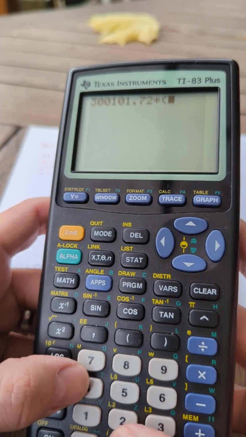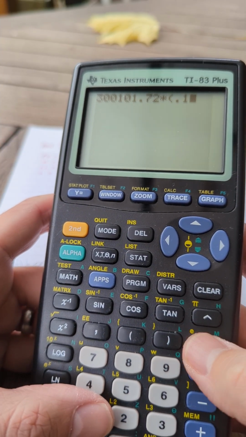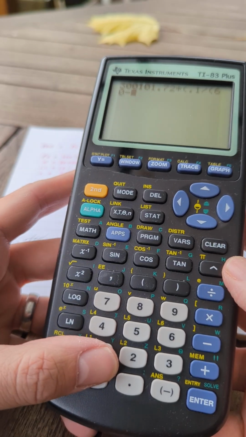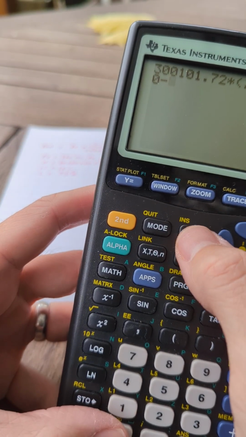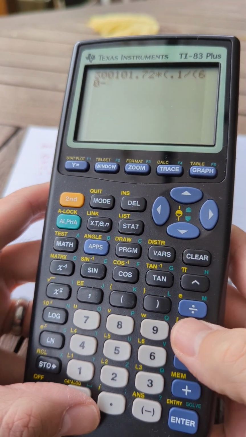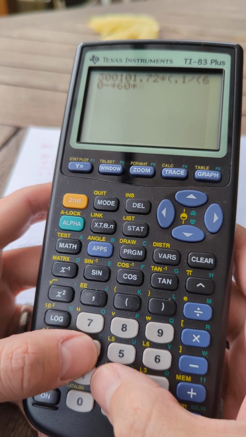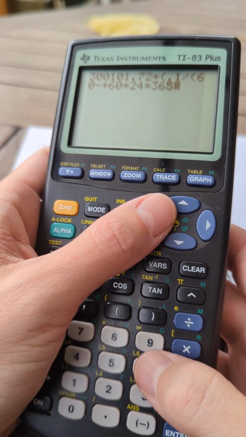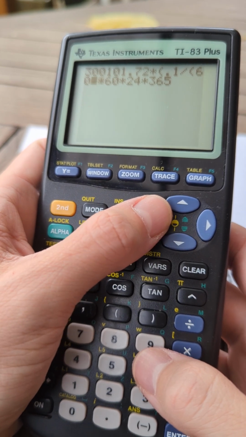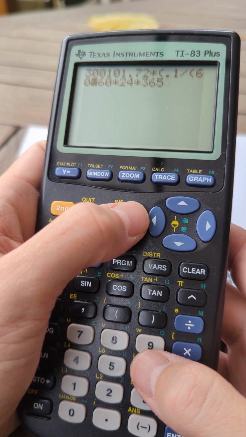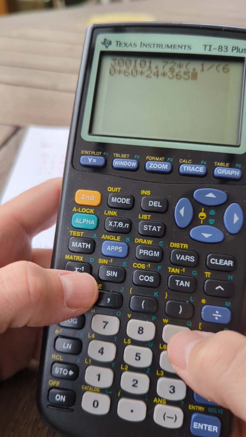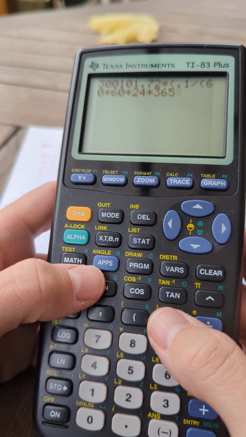So it still looks horrible though. Oops, I did not mean to do that. Where's backspace? Times 60 times 24 times 365. Oh no, what have I done? There we go. Oh, it's not backspace, it's actually delete, isn't it?